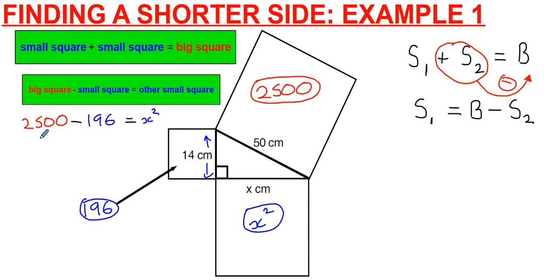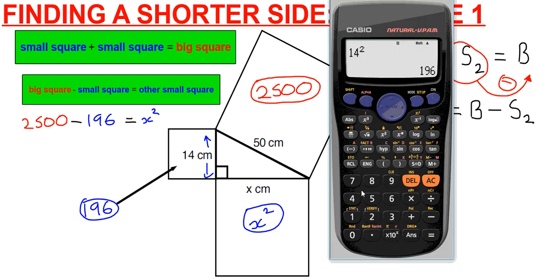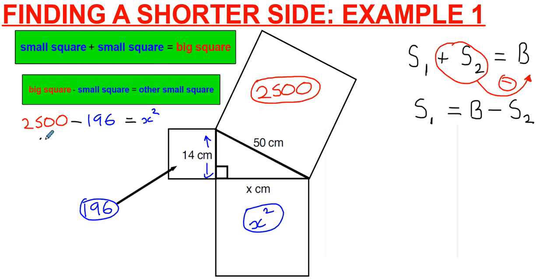And so we can actually work out what 2,500 minus 196 is, using one of these things here, which is called a calculator. 2304. So 2304 equals x squared.